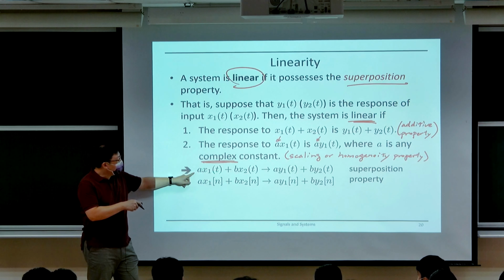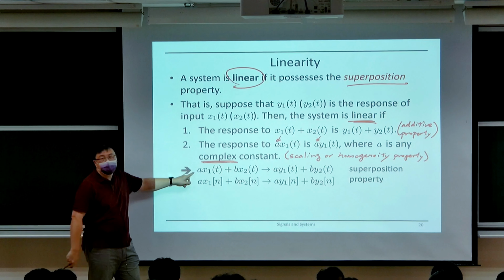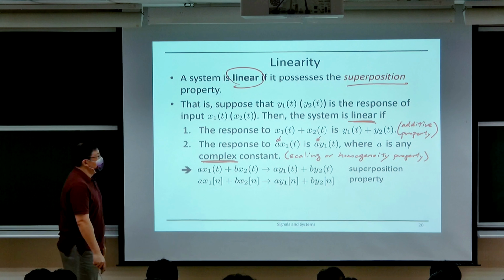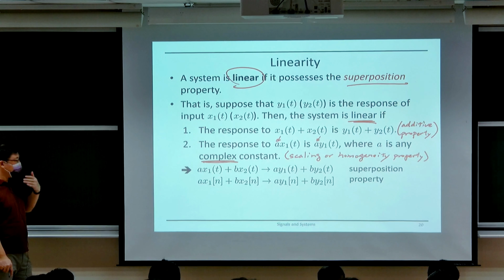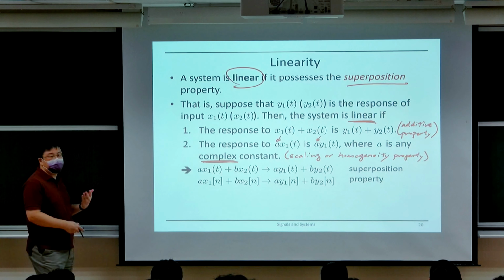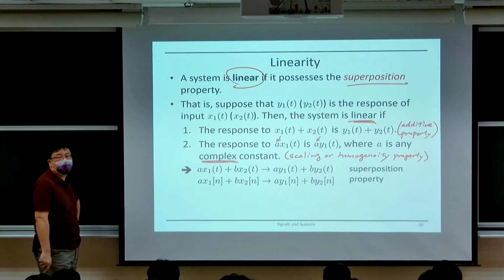So if a x1 of t plus b x2 of t yields an output that is equal to a times the output of x1 plus b times the output of x2. If you've taken a class on linear algebra, you can say this is a linear combination of x1 and x2 with the linear combining coefficients a and b.